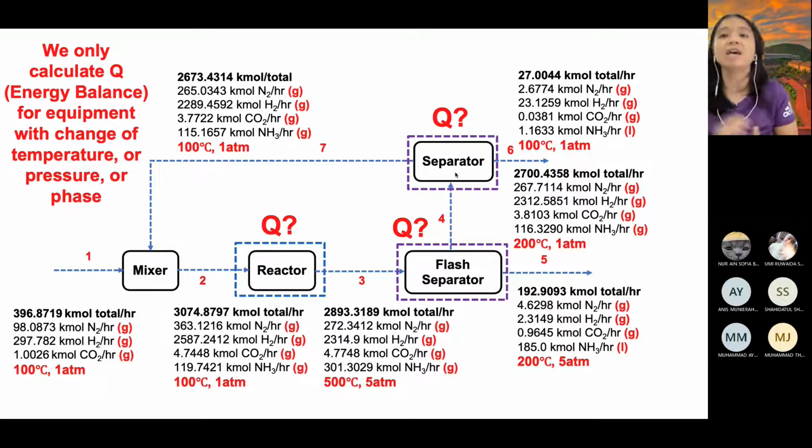Heat exchanger mesti ada. Heat exchanger mesti ada perubahan suhu. Heat exchanger you must calculate. So you cannot just simply tukar the condition untuk sama, sebab certain equipment tu kita tahu principally mesti akan ada penyeraan Q. So please make sure you genuinely determine the correct temperature and pressure for you to calculate the Q. Okay, so for example kalau distillation column, kamu kata kamu tak payah kira sebab temperature inlet outlet adalah sama.